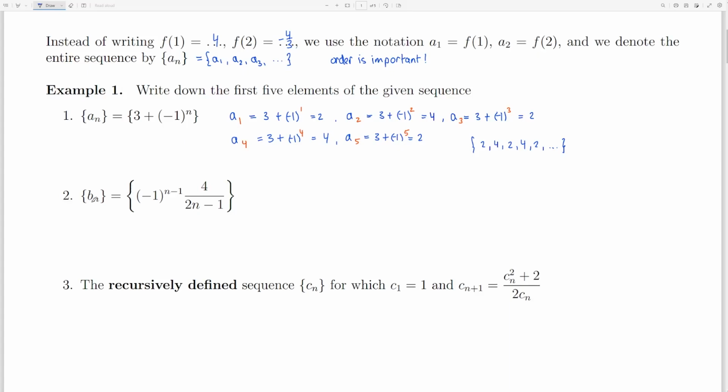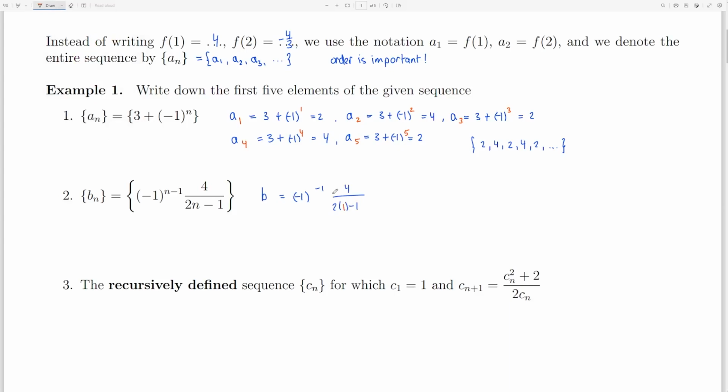Okay, the second example, the sequence b sub n is given by -1 to the power n minus 1 times 4 over 2n minus 1. So let's write that one out. We have b sub 1 is equal to -1 to the power 1 minus 1, and then times 4 over 2 times 1 minus 1.